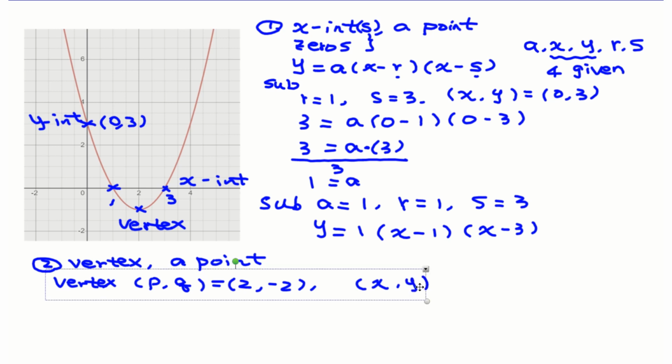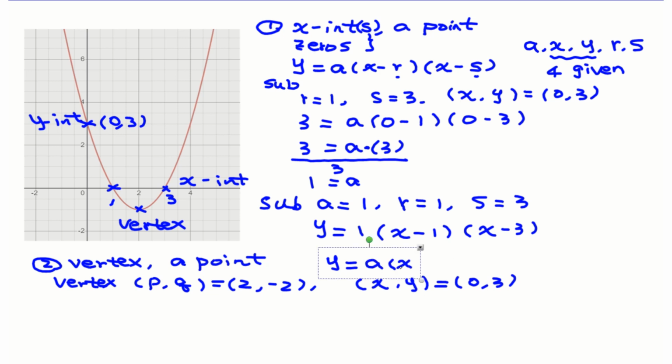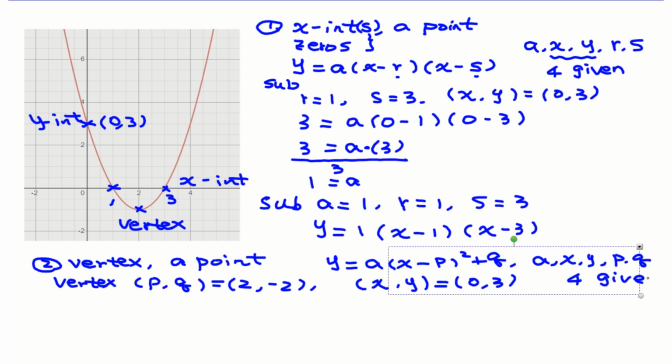We could still pick the y-intercept (0, 3), or any other point that the question gives. Then we have p, q, x, y in the vertex form: y equals a(x minus p) squared plus q. In this equation, you will see a, x, y, p, q. You also have 5 variables, so we need 4 given, then we are able to solve the equation.